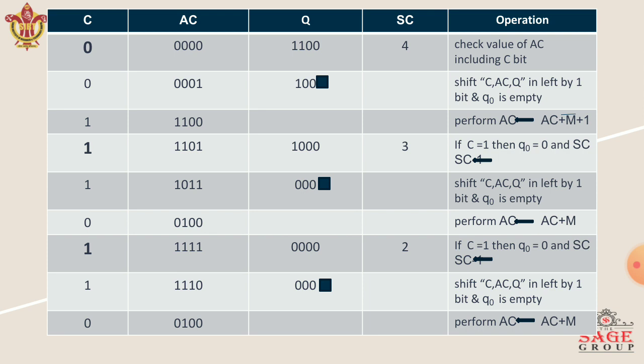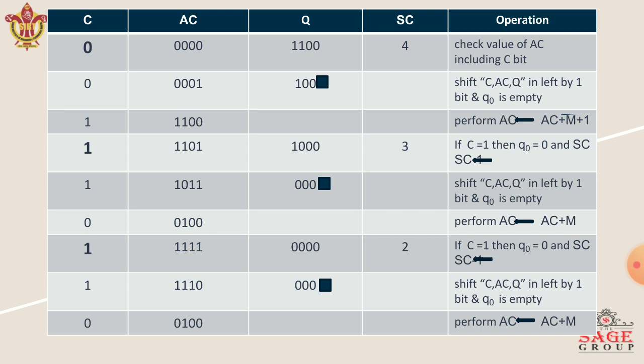Now perform the operation AC plus M bar plus 1, because C is equal to 0, that's why we perform this operation. The value of M bar plus 1 is 11100. Now we add this value in AC.